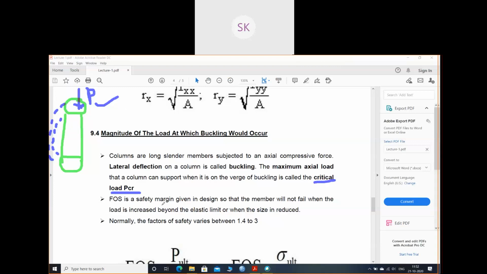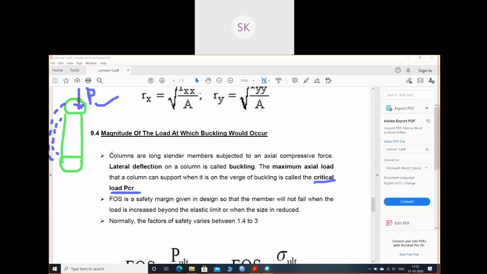FOS is a safety margin given in design so that the member will not fail when the load is increased beyond the elastic limit or when the size is reduced. So there is a term called factor of safety. It is required in every structural member. What we do, we design the structure based on this FOS value.